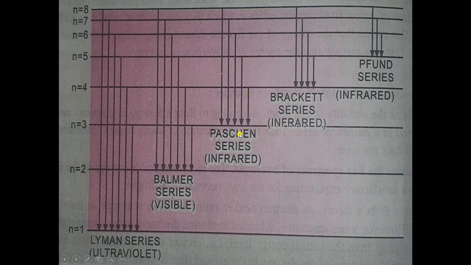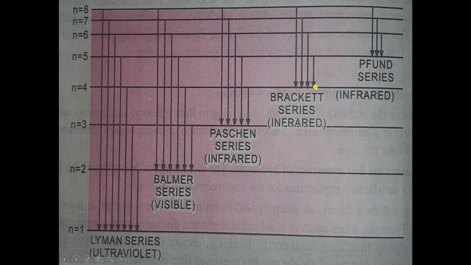In the same way, if the ground state of the electron is n is equal to 3, then the excited state can be n is equal to 4, 5, 6, 7 and 8. So if the electron is present in the n is equal to 4 excited state, then it will come back from n is equal to 4 to 3 or 5 to 3, 6 to 3, 7 to 3, 8 to 3 and so on.